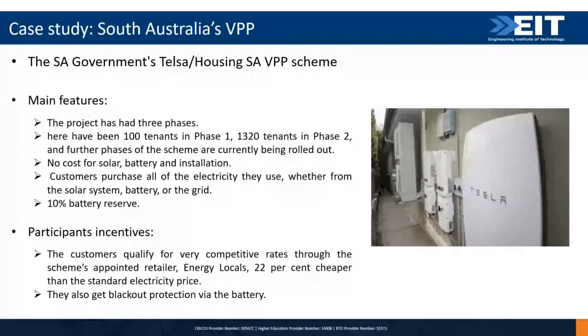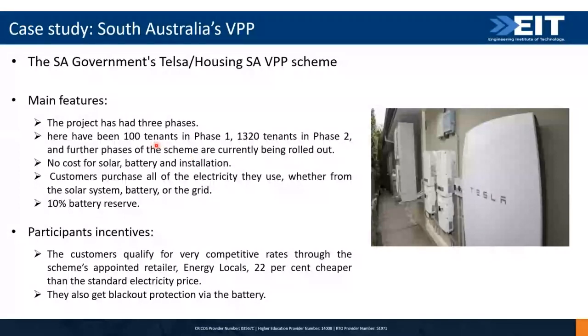Finally, the last program in South Australia is the Tesla VPP program. Tesla is the VPP operator. In this program, the householder doesn't necessarily have to be a house owner; they can also be tenants.